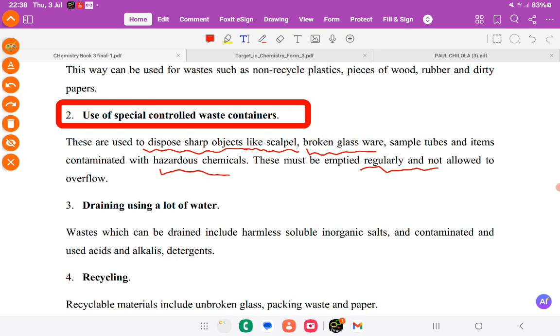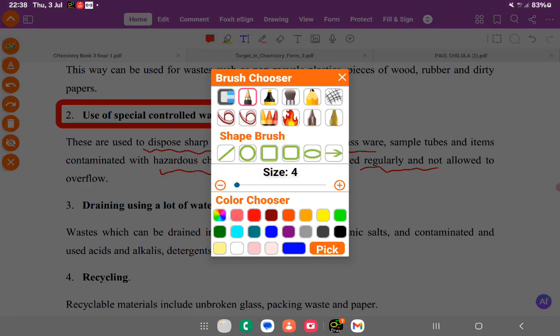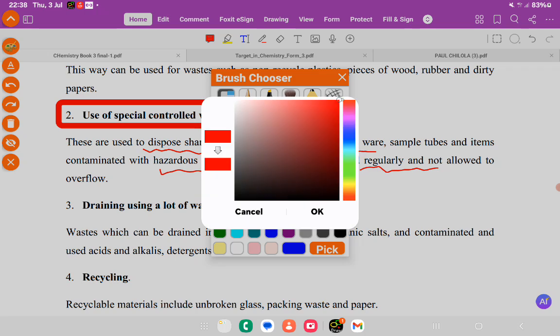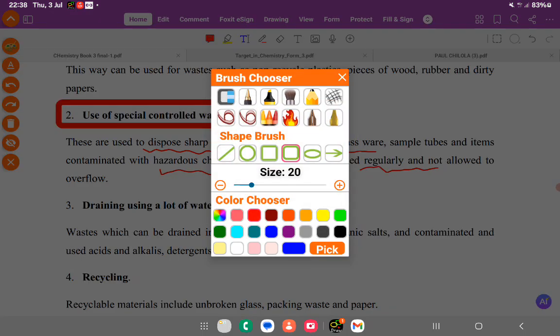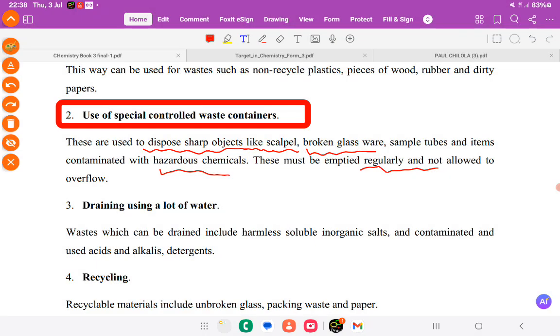Okay, the next safe way of disposing waste is to drain the waste using a lot of water.